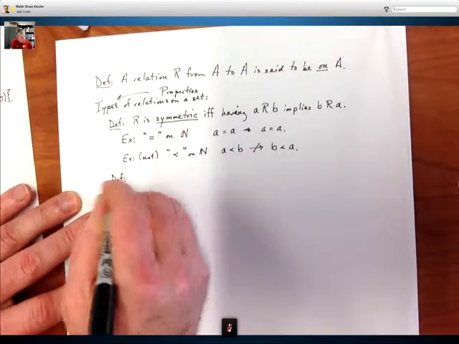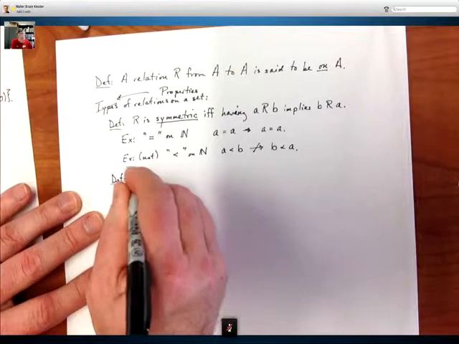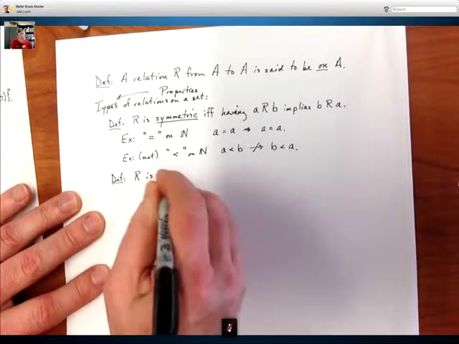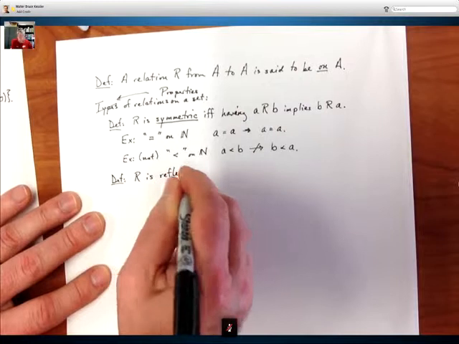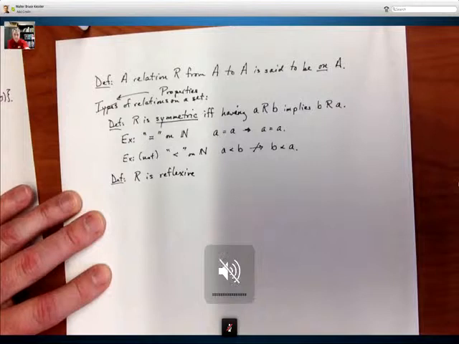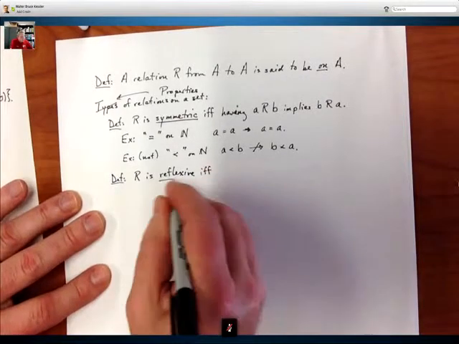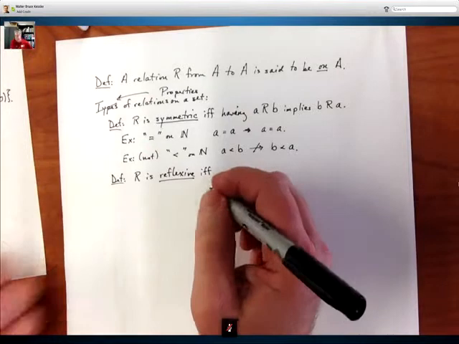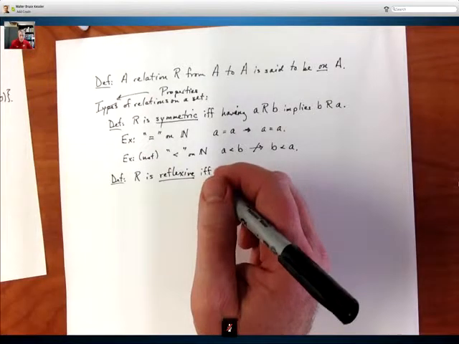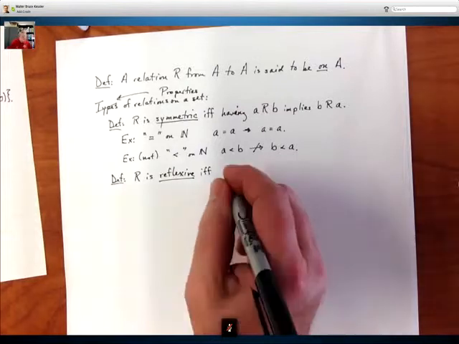Okay, here's the one I meant to list first. R is reflexive, if what we mean by that is you always have an element related to itself.